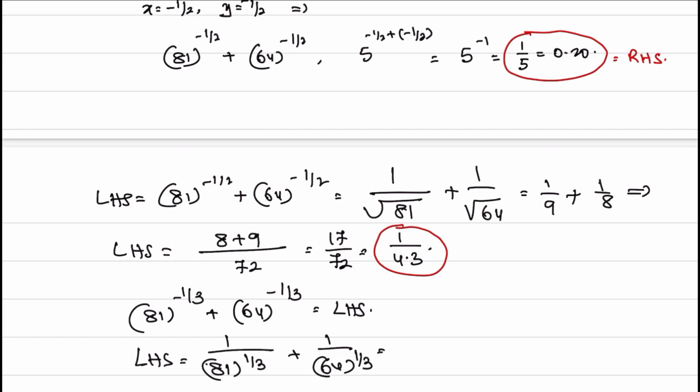Can we approximate it to 1 by 4.3 and cubed root of 64? It is a tedious example, but however I have taken it.